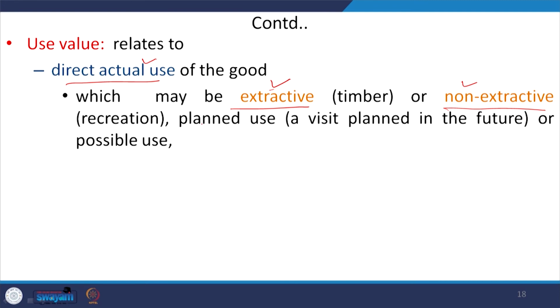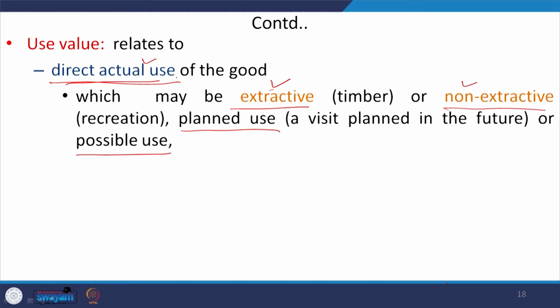And the second criterion is that this direct actual use of the environmental good can be planned. Although I am not right now using this particular good, I am planning on visiting or using it after 2 days or 5 days or 5 years.